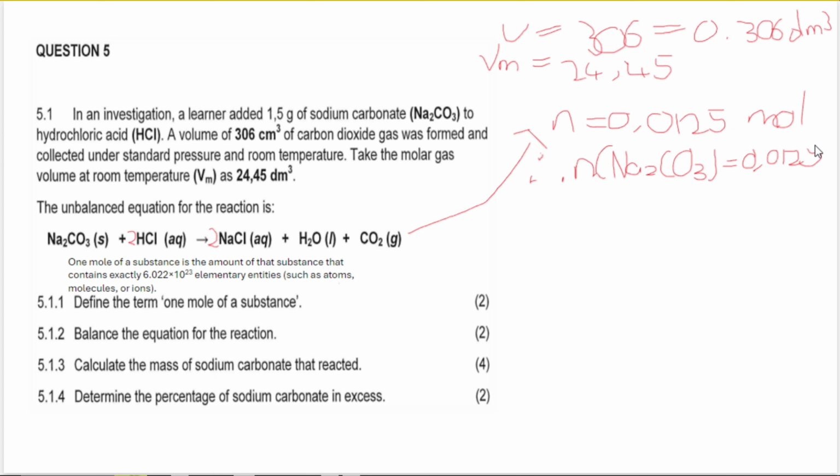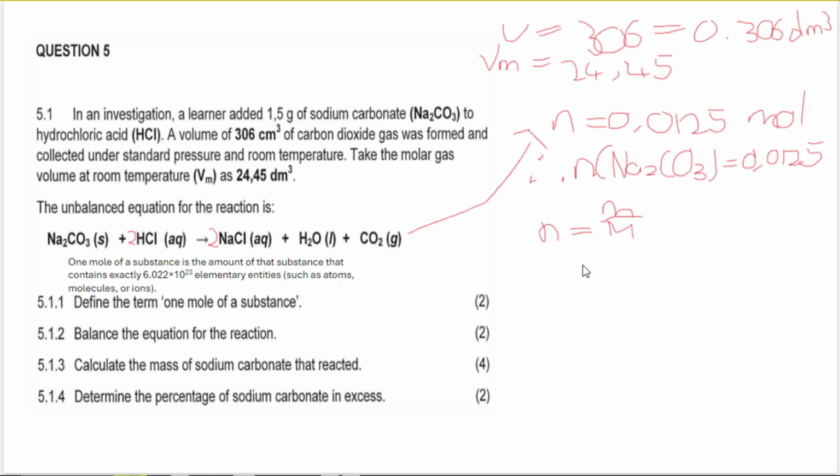Okay, and we have the number of moles, and we can also convert that into a mass, right? We need to convert it into a mass, so we can use the equation n equals m over M, which is your mass over molar mass.